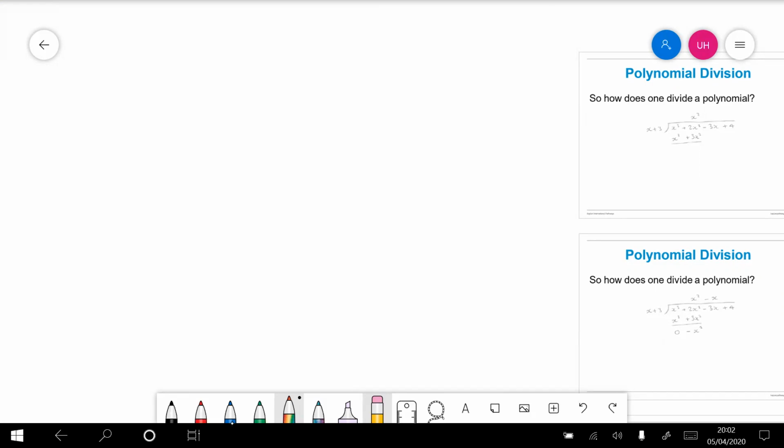So we have the equation. We want to write 2x cubed plus 4x and plus 3 divided by x minus 2.